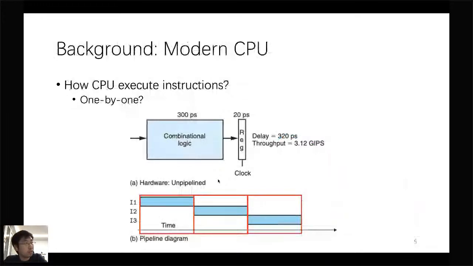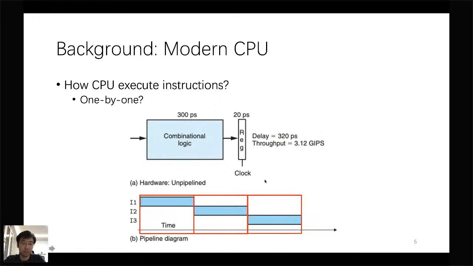To understand the mechanism of Spectre and Meltdown, I think we first need to learn about some special features of modern CPUs. The first question is how the modern CPU executes instructions. A trivial way is that the CPU executes instructions one by one.